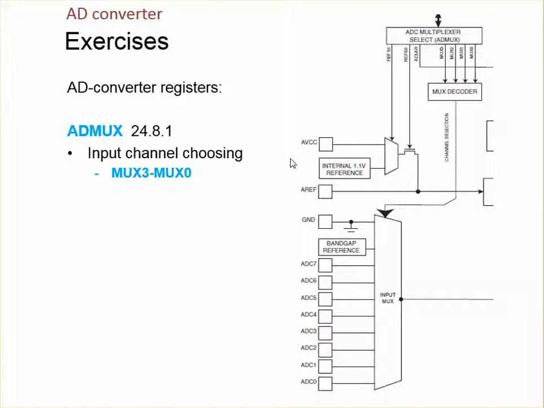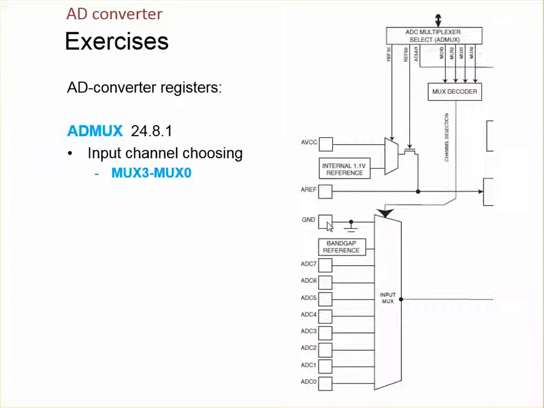The other functionality contained in the ADMUX register is the way to choose which input channel we are using. As we talked about earlier, there are 8 possible input channels.